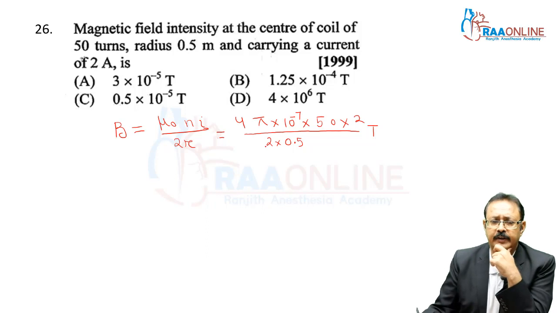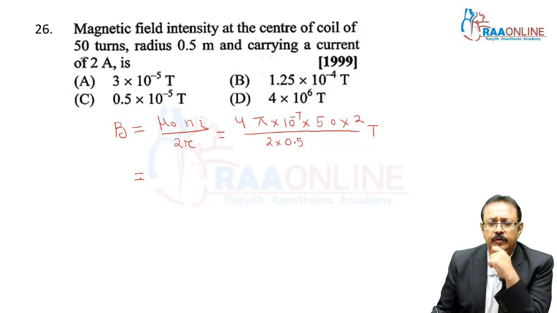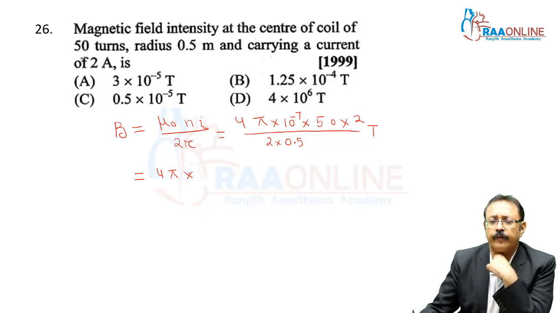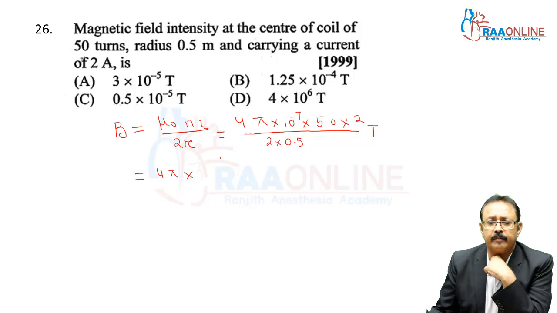2 into 0.5 is 1. So what we are getting? 4 pi into 50 into 2 into 10 to the power minus 7 into 100 means 10 to the power minus 5.